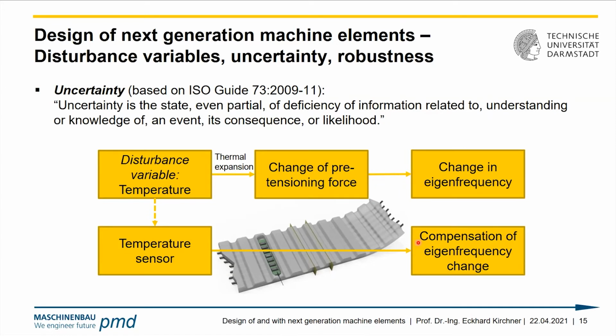If we take the same belt drive and apply a static pretensioning force to one of the pulleys, we have a constant force. The thermal expansion is compensated by that spring-loaded pulley. We have a far lower change in the eigenfrequency, now not due to the force change, but to the length change. And it's a much lower influencing factor.